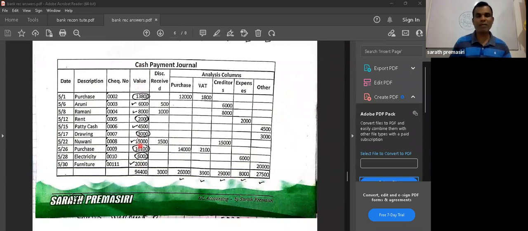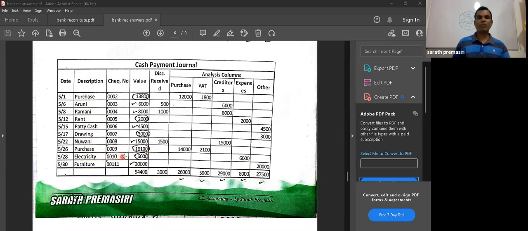When you compare the values of the cash payment journal with the bank statement, you can identify these items: 0002, 13,800 check. Rent 0005, 2,000 check. Drawing 007, 3,000 check. Purchases 009, 16,100 check.